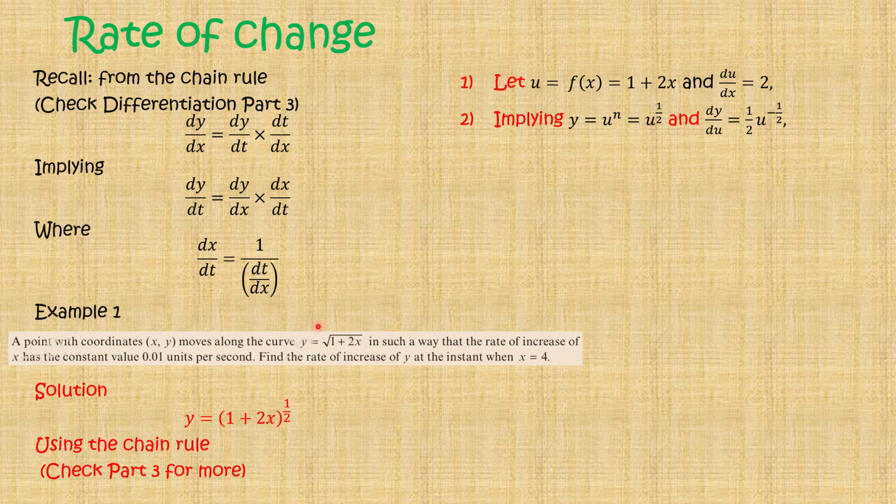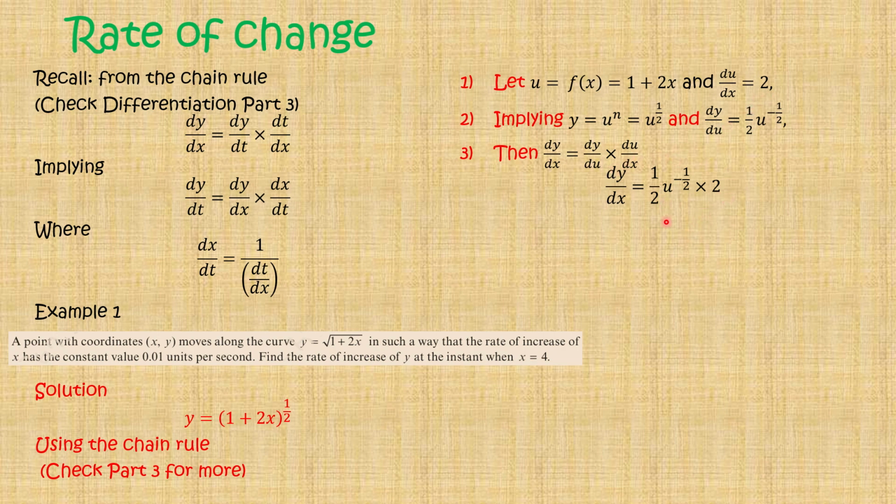Where we had that, we substitute with a u, implying that dy/du becomes 1/2 times u to the power minus a half. Then dy/dx becomes dy/du times du/dx. And with that, we substitute for dy/du, which we obtained in step number 2, and du/dx, which we obtained in step number 1.